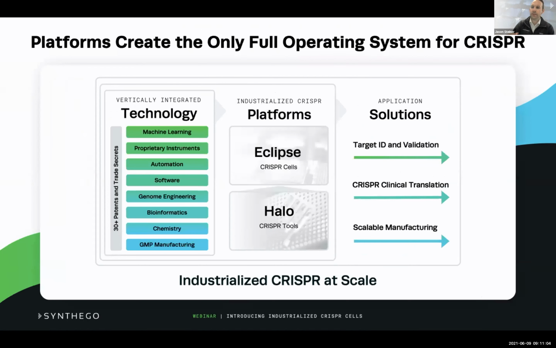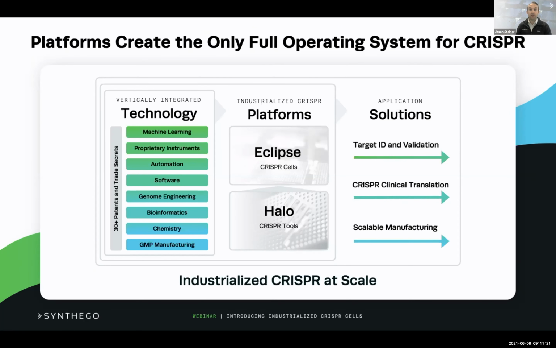What's important to note is that the platforms that we are building are more than automation hardware. If we extend the analogy of CRISPR as a program or a programmable type language, our platforms are more akin to an operating system, like a computer operating system.